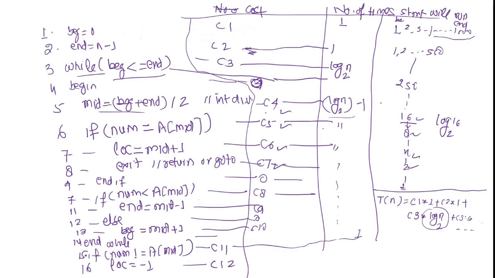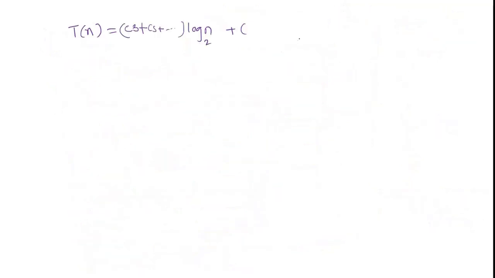Some statements may be like minus. C1 and C2 will be plus constants, and here we got C4 in the minus. So it will be C1 plus C2 minus C4, up to some constants here.